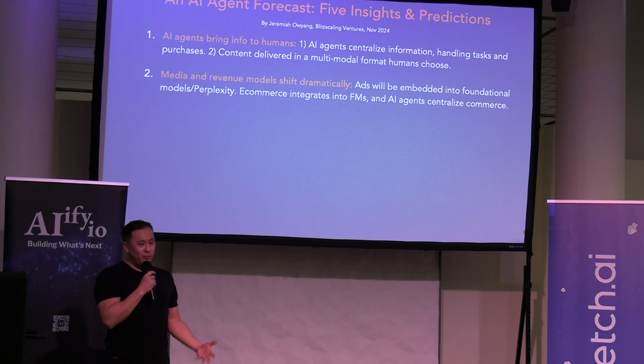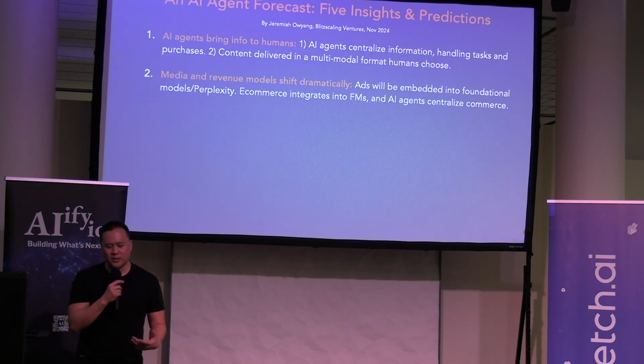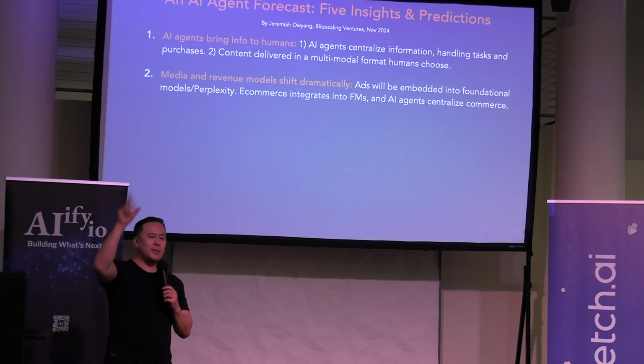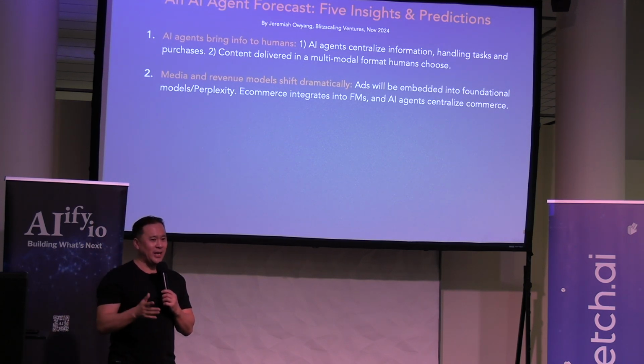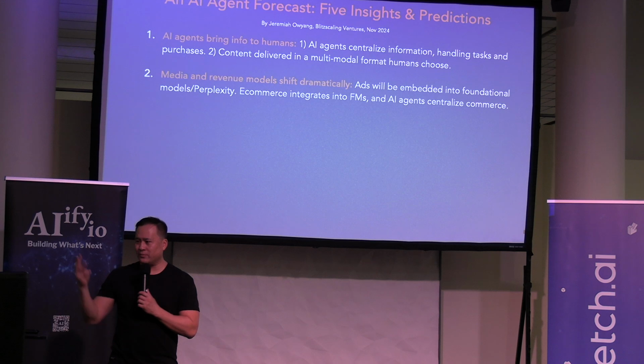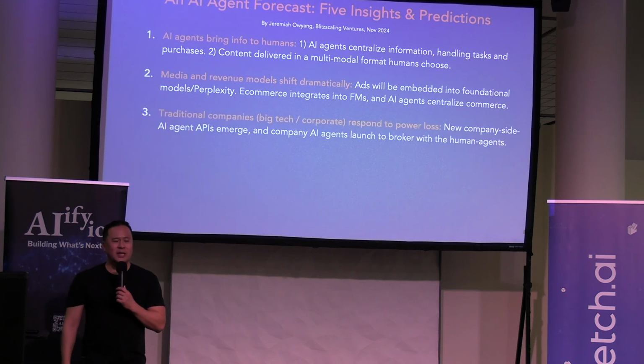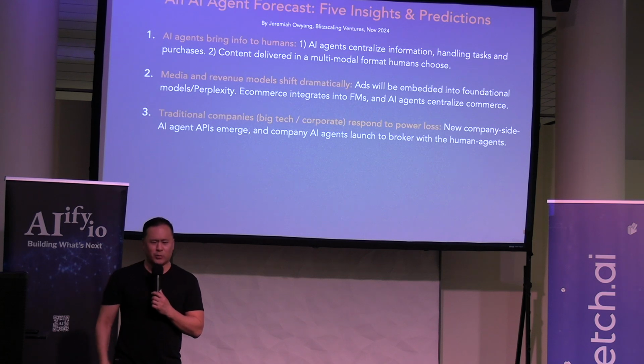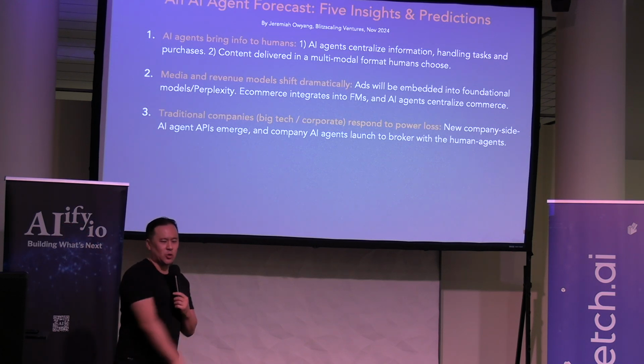Wow, this is significantly going to change the internet as we know it. Media models, commerce models, advertising models, content models. They're all about to change on the internet. This is a massive change that's going to happen when the dominant entity on the internet becomes an agent, not humans. Number 3, big companies, of course, are not going to stand by and just let this happen to them, whether it's big tech or traditional corporates.